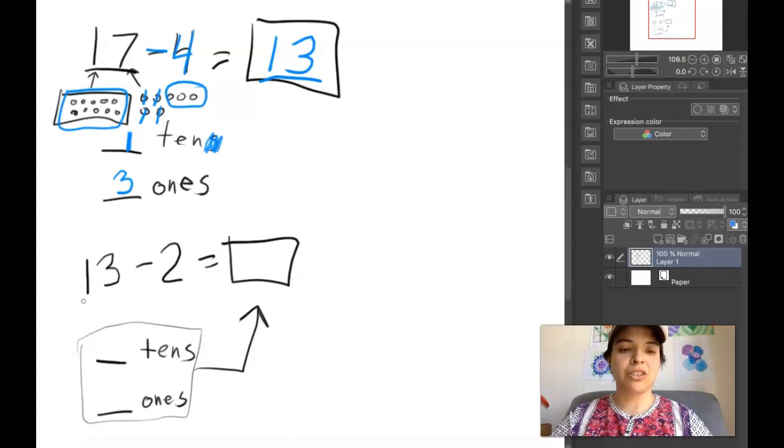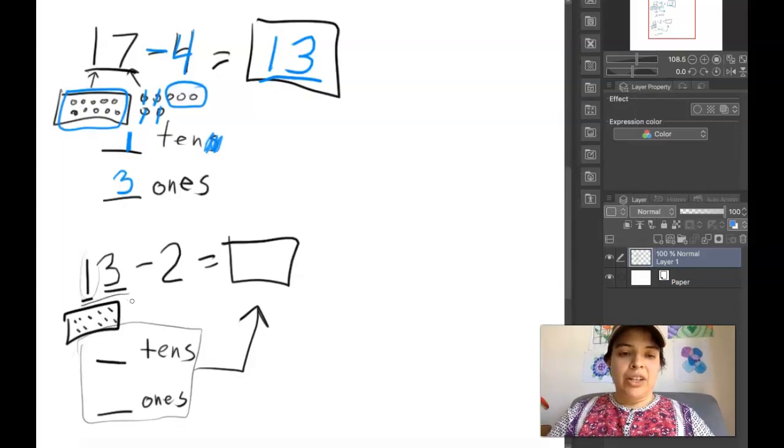I'm going to start thinking about the place value of this number 13. In the 10s place I know there's a 1, so I need one group of 10. 1, 2, 3, 4, 5, 6, 7, 8, 9, 10. Ta-da! 10 frame.